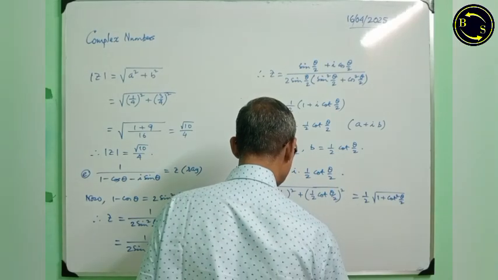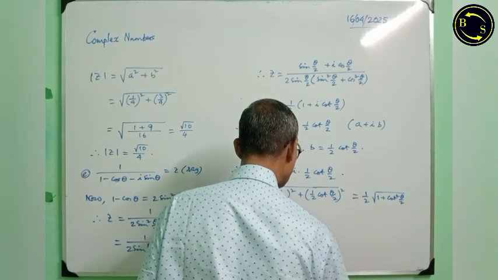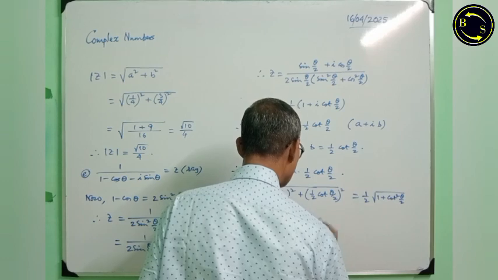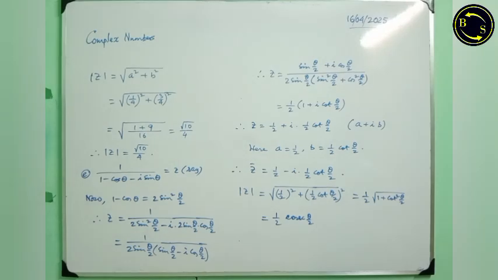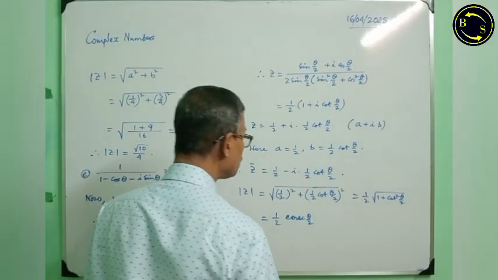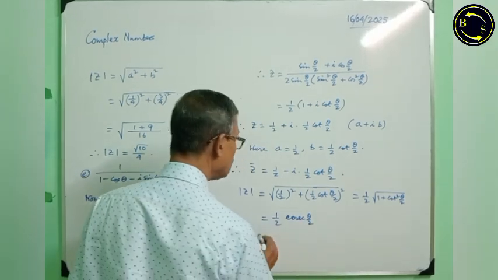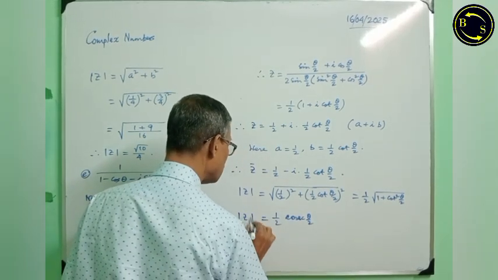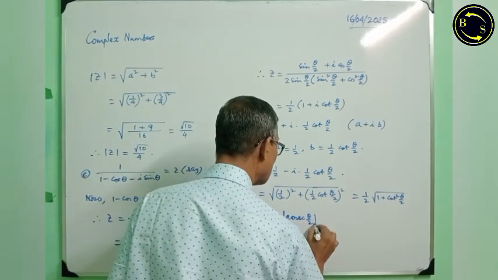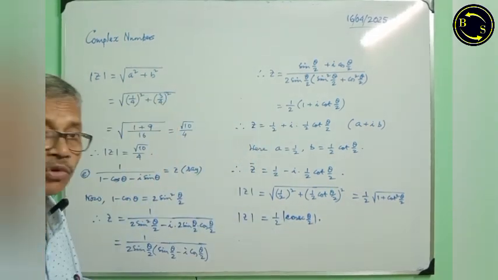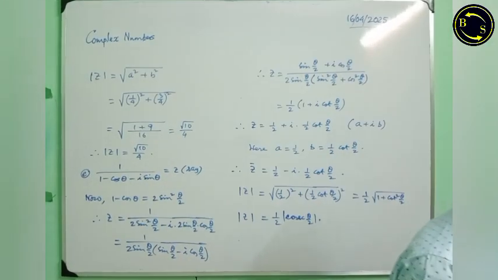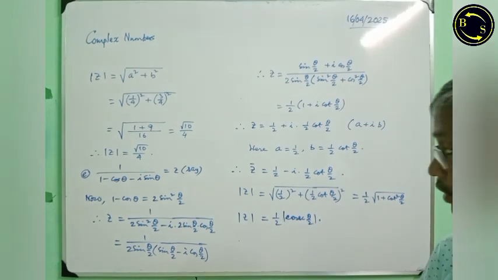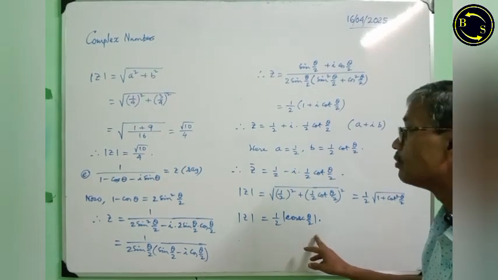Therefore, cosec theta by 2. Since we don't know the sign of cosec theta by 2, for writing the modulus we apply modulus of cosec theta by 2. As modulus cannot be negative, therefore modulus of z will be this one.